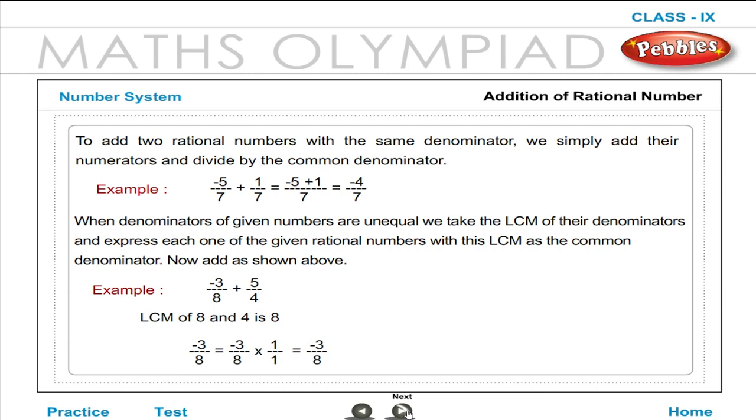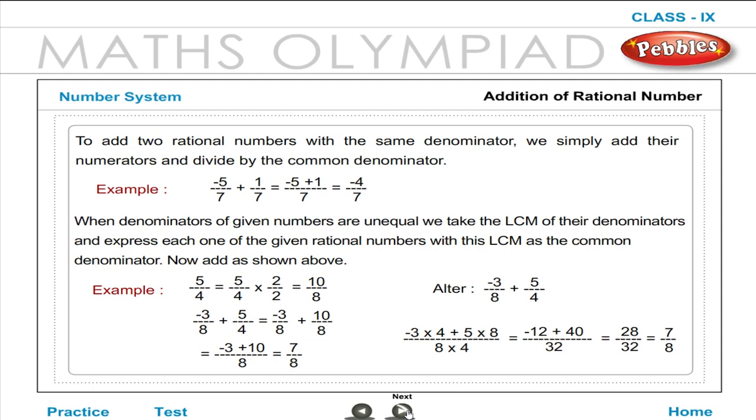Example: minus 3 by 8 plus 5 by 4. LCM of 8 and 4 is 8. Minus 3 by 8 is equal to minus 3 by 8 into 1 by 1, that is equal to minus 3 by 8. 5 by 4 is equal to 5 by 4 into 2 by 2, which is equal to 10 by 8.